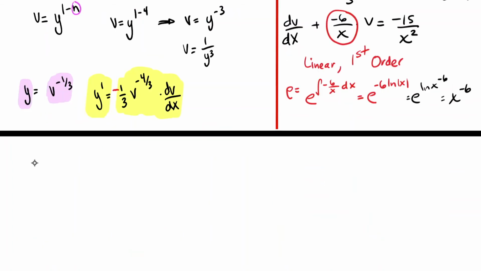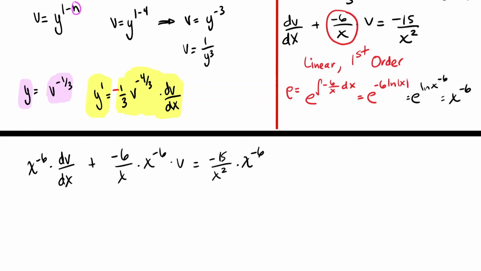And we'll get x to the negative 6 times dv dx plus negative 6 over x times x to the negative 6 times v equals negative 15 over x squared times x to the negative 6.